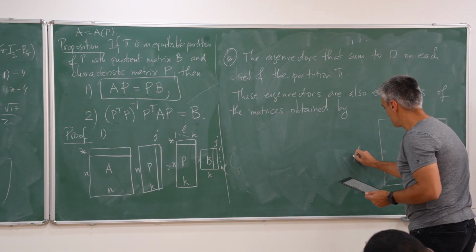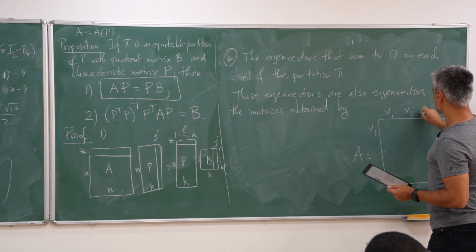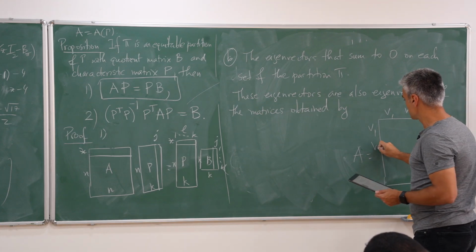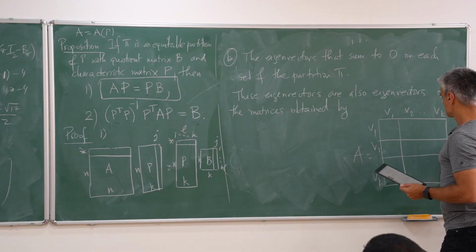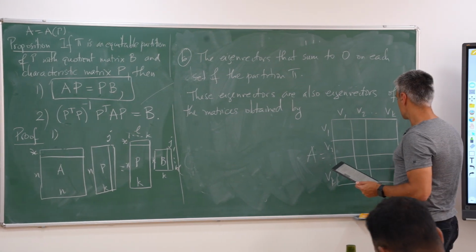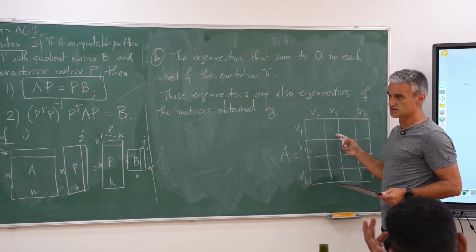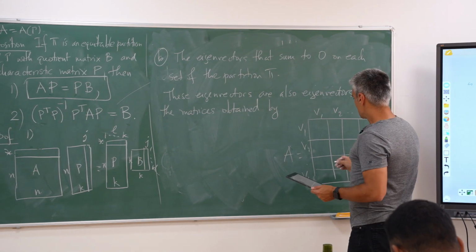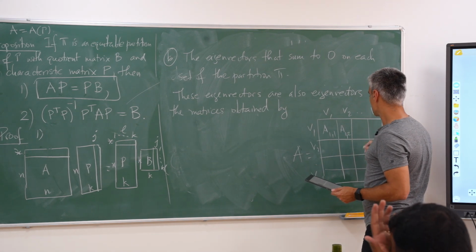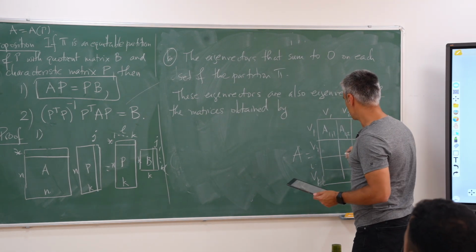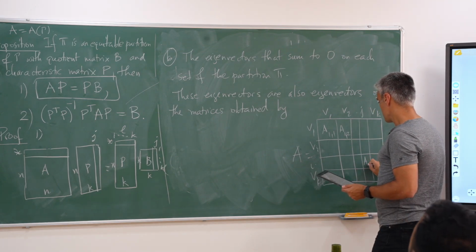This is the matrix A. Let's say the V1s are arranged like this: V1, V2, Vk. Obviously the V1s and V2s may not be consecutive vertices, but reorder it such that they're consecutive and so on. So this is A11, this is A12, and so on. If I have I here and some J here, this will be Aij.